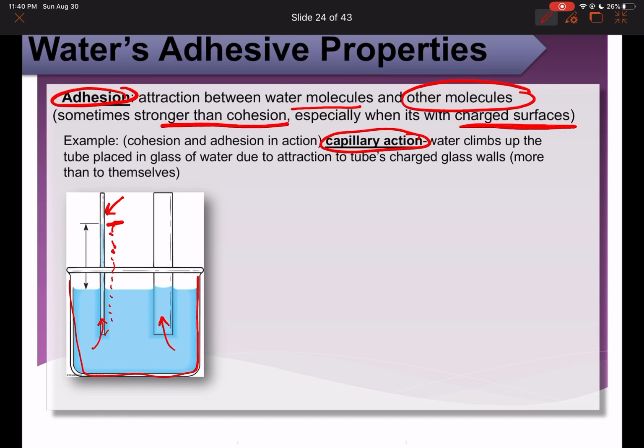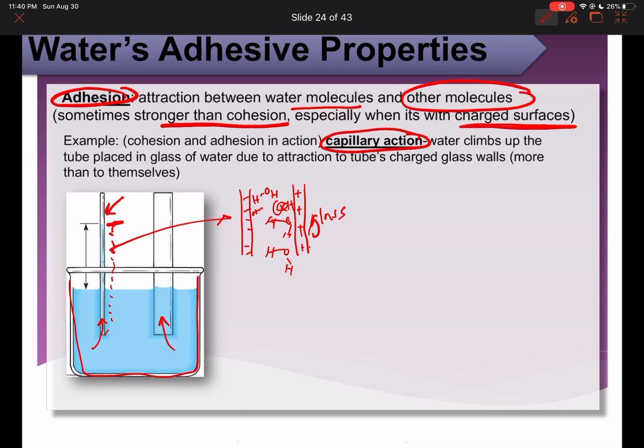The inside of the glass tube contains charged surfaces. If we zoom in here, we may be able to see that there are charged surfaces to which the water molecule can be attracted. A water molecule can be attracted to the side wall of the glass itself, whether the surface is negative or the hydrogen can be attached, depending on the case.